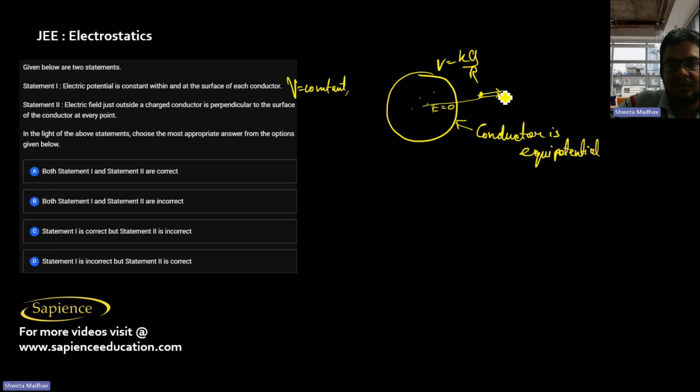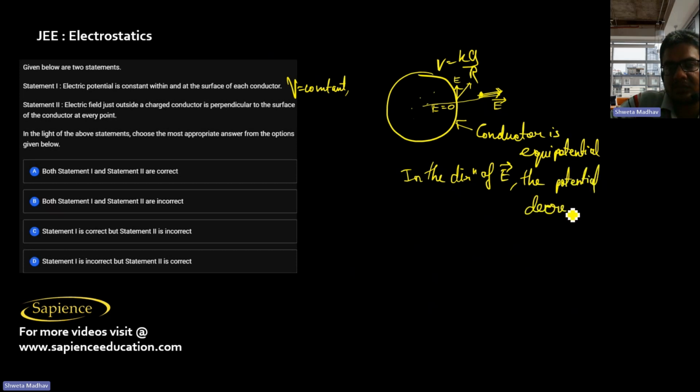So it is true also, since if that is not perpendicular to the surface, then some component of the electric field will be along the surface, and we know that in the direction of the electric field the electric potential decreases.